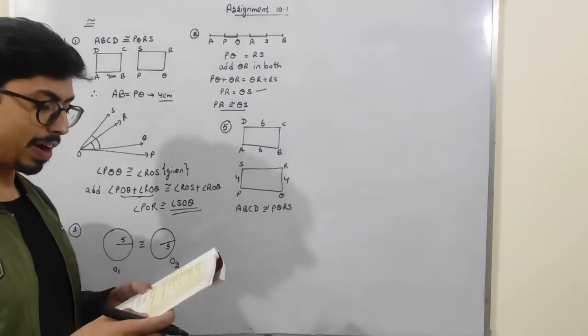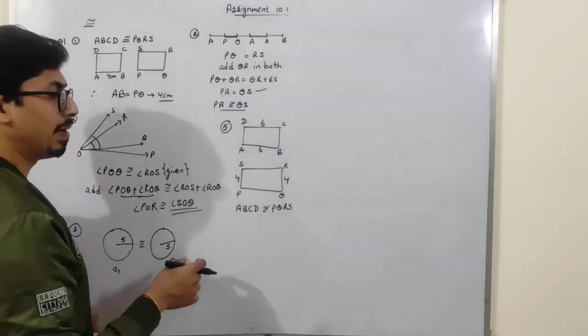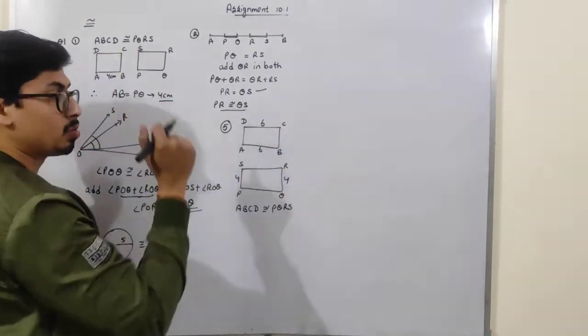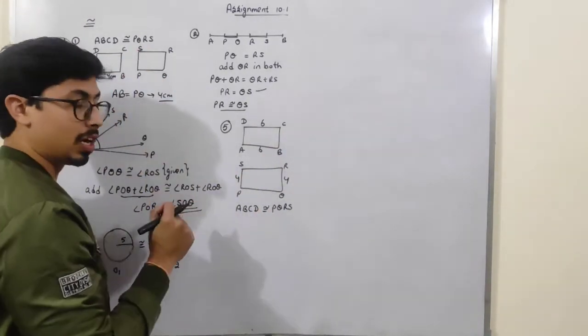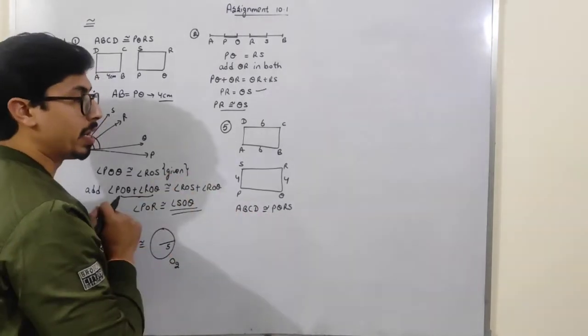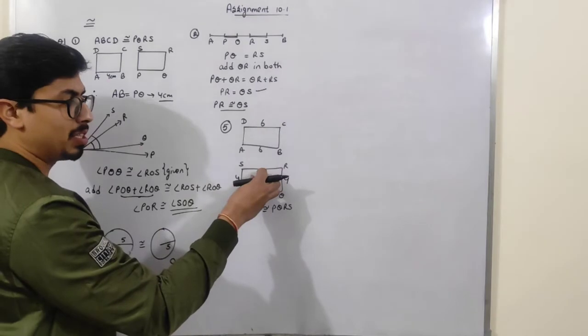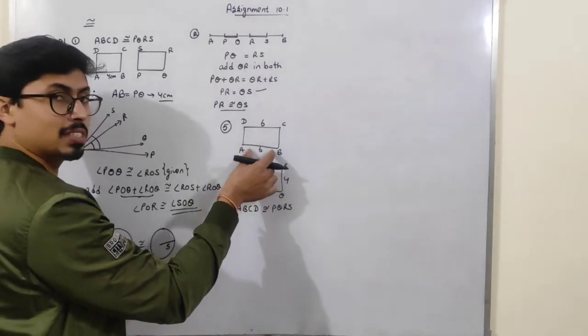Now, students, find PQ and BC. We have to find out PQ and we have to find out BC. Now, just see, students. If both of them are congruent, this means this complete rectangle will overlap this. Now this means this side is 6.